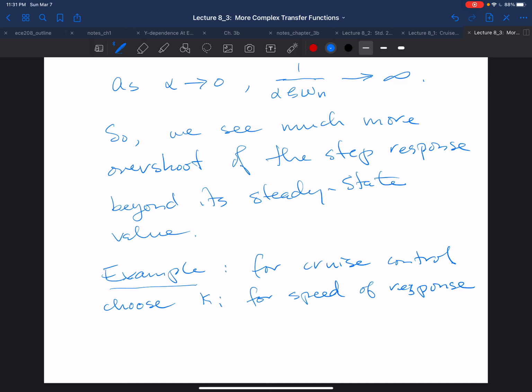Then, given that value of omega n, determined by Ki, we would choose Kp for a damping ratio. And knowing that the zero may add overshoot, what we would do is probably go for a higher damping ratio than otherwise.